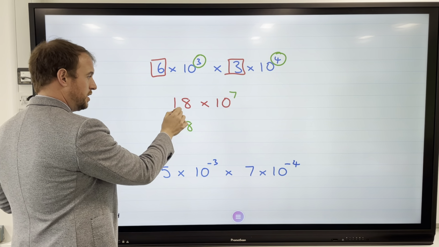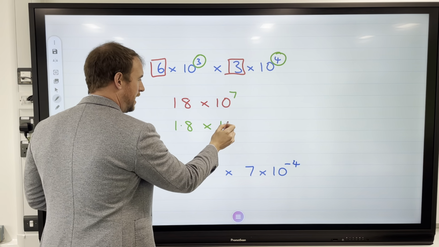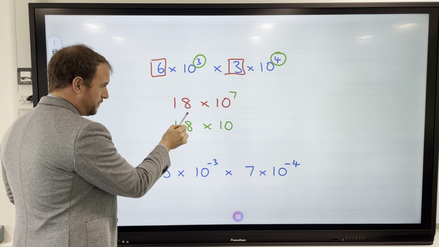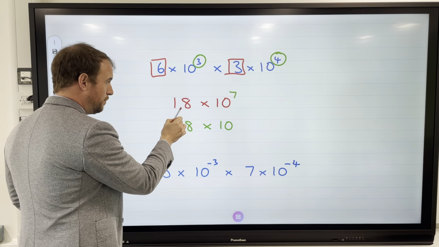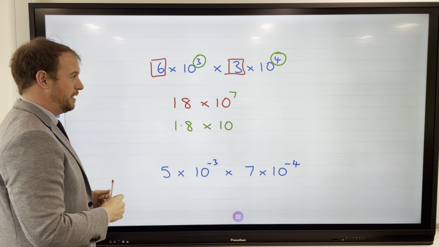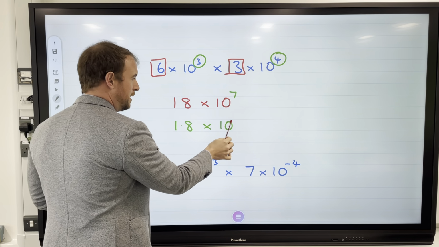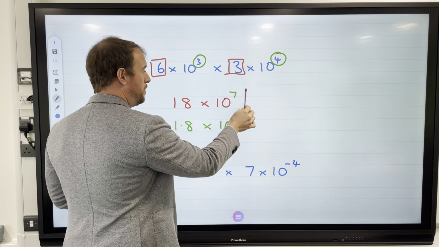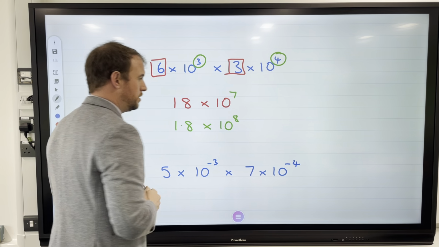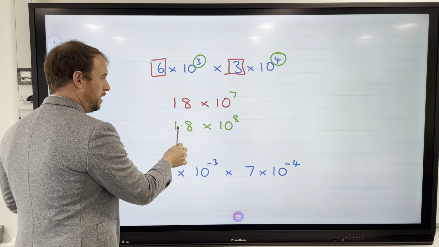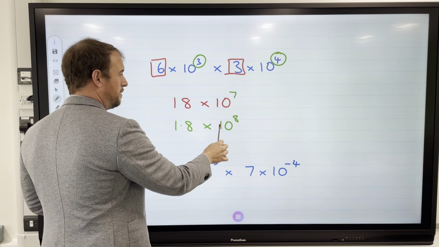So we're going to convert this to 1.8 times 10 to the power of, well, this number here now is 10 times smaller than 18. So if this is 10 times smaller, we need to make this 10 times bigger to compensate. So if this one's become smaller, this one has to become bigger.